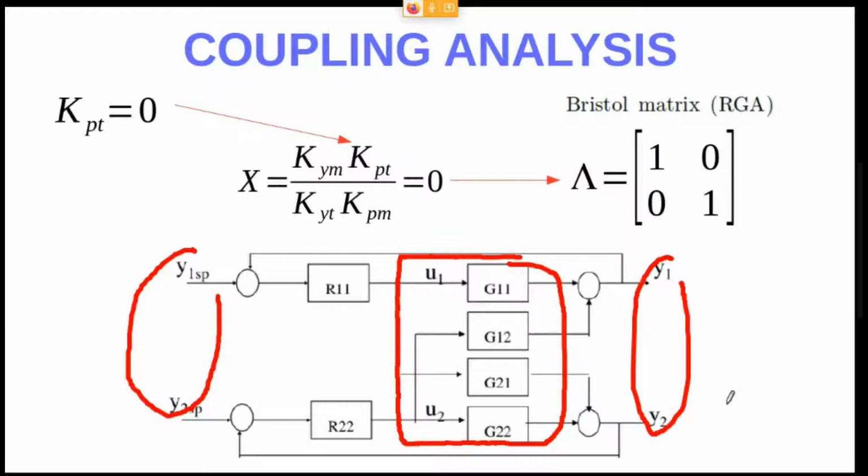So now, by means of the coupling analysis, we want to know which is the most interesting association between the loops. So if you apply a voltage in U1, in this input, for example, in the main rotor, which variable will be affected the most?